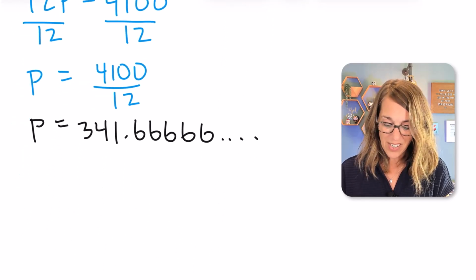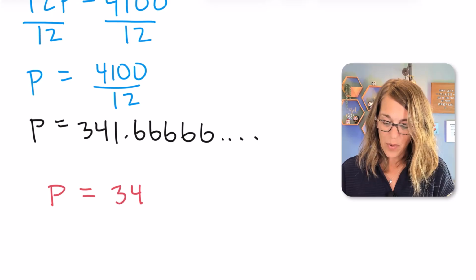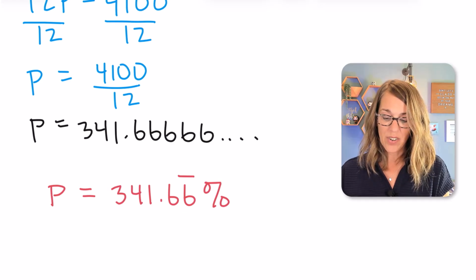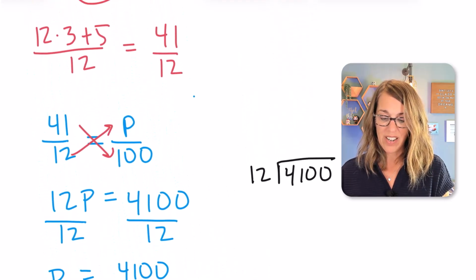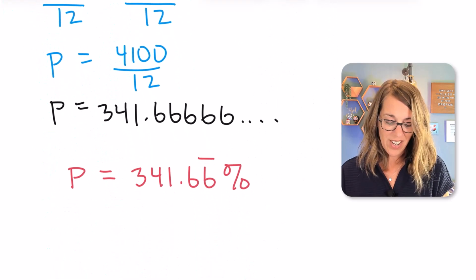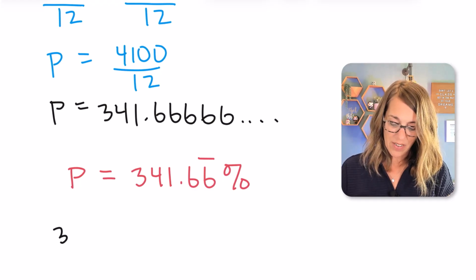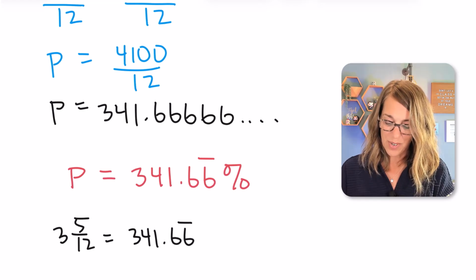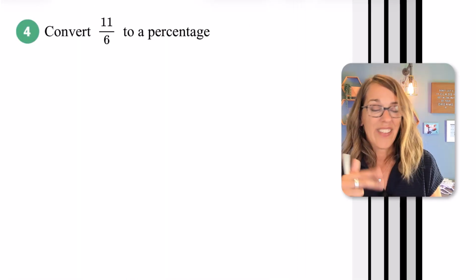So my percentage, I'm going to write this in red, is 341.66 repeating percent. Or we can say, grab our original fraction, 3 5/12. So I can say that 3 5/12 is equal to 341.66 repeating percent.